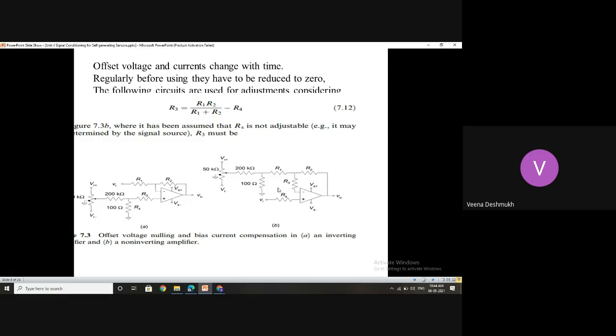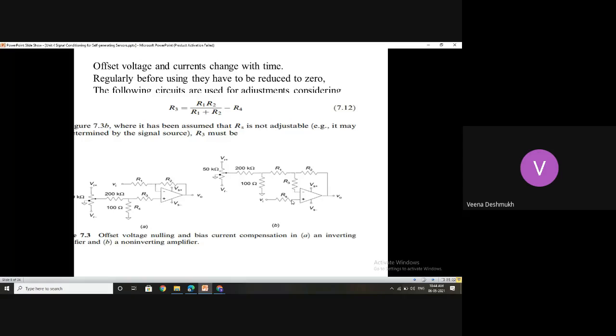Similarly, the same strategy is applied for the non-inverting terminals as well. Here you can see the same value. Again, the source resistance Rs also has to be considered, because this will be around 50 to 100 ohms for any good source.